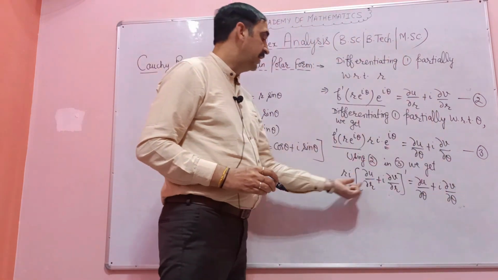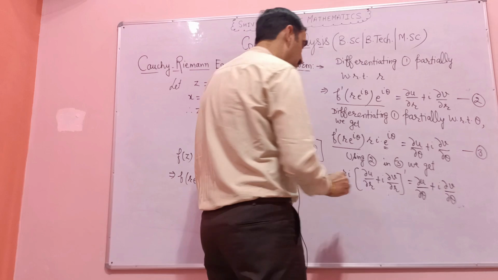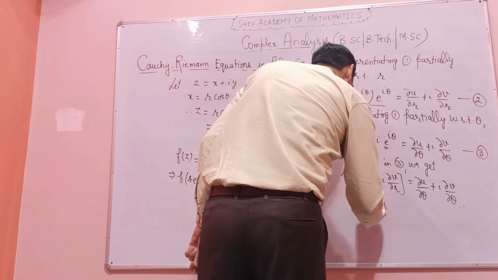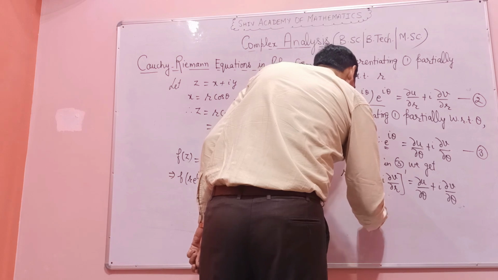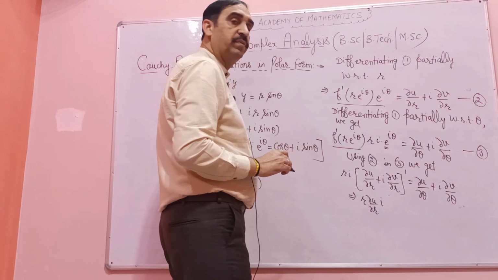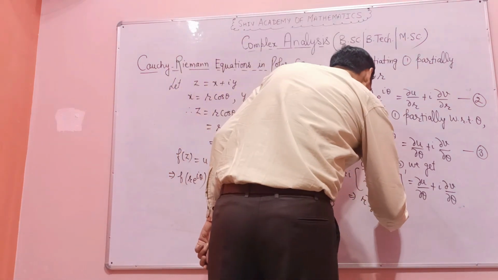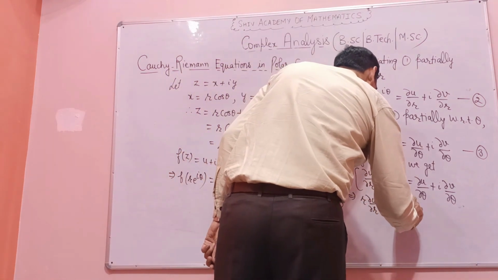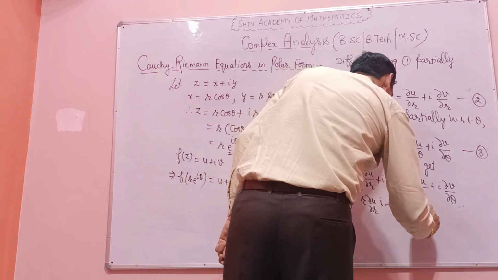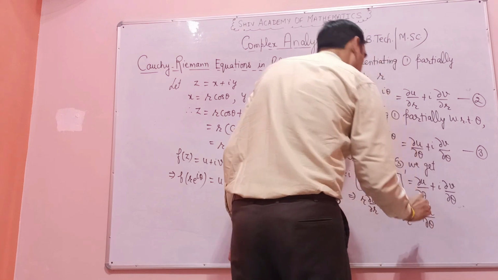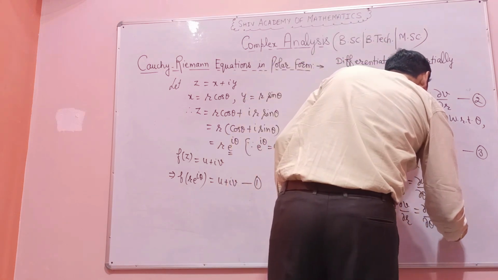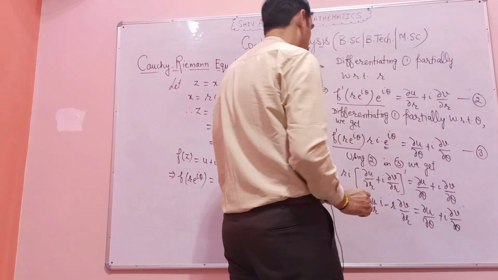So you just multiply this iota inside. So what you get? It implies r ∂u/∂r, iota square, which is minus 1, so it is minus r ∂v/∂r, is equal to ∂u/∂θ plus iota ∂v/∂θ.